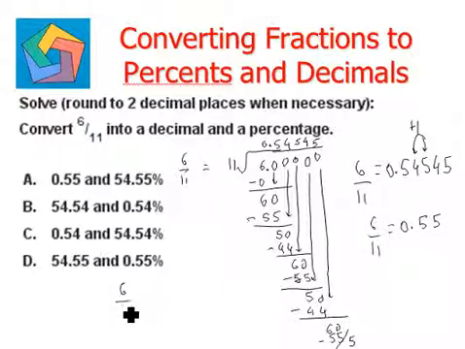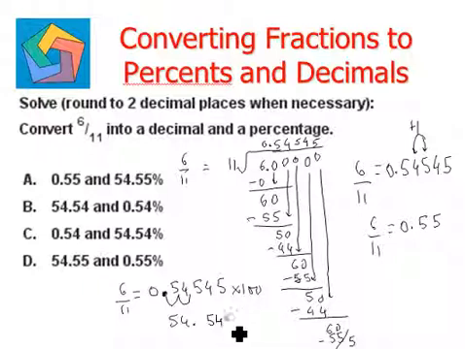6/11 we found was 0.54545. Converting into a percentage, we multiply by 100. What do we do? We stand here and jump two places to the right. 1, 2. So this becomes 54.545%.